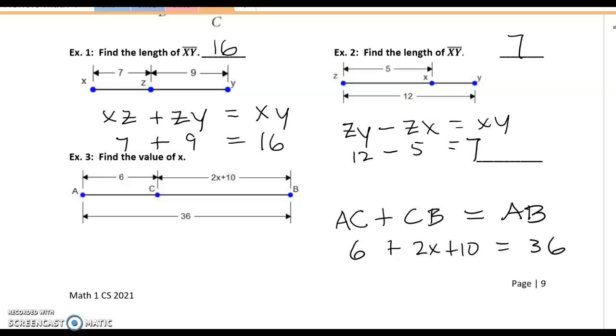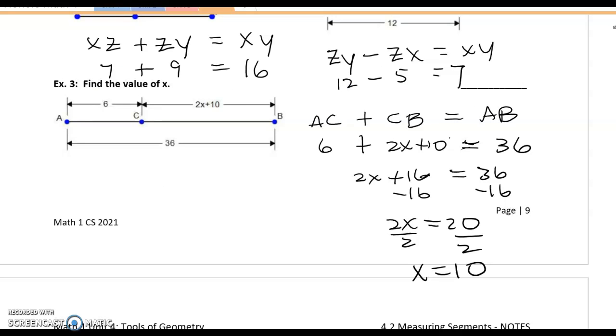Then we substitute in those algebraic expressions for those three segments, and that gives us an equation to solve for x. So we get x equals 10.